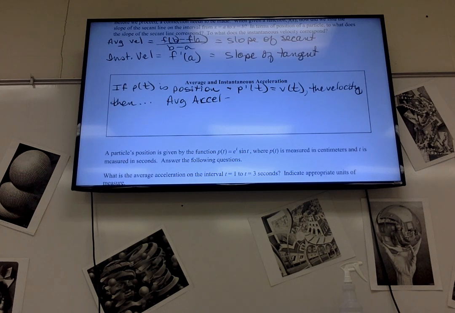So average acceleration is the velocity of b minus velocity of a over b minus a. So it's the slope of the velocity. And if it's instantaneous, acceleration is the derivative of velocity or the second derivative of position.